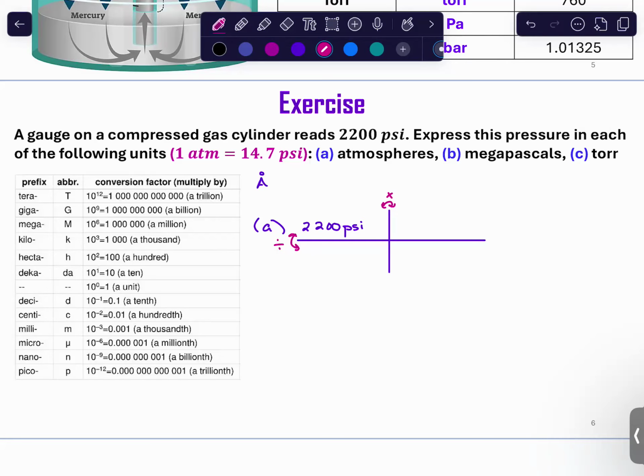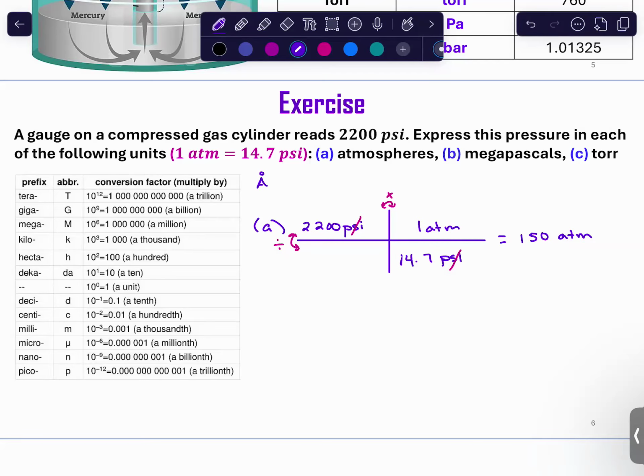That's 1. So this way, we're trying to set this up to divide out the units we don't want. So you see here we have 14.7 PSI per 1 atmosphere. And you see that the PSI divides out the PSI, and we end up with the unit we want. So you end up with about 150 atmospheres.